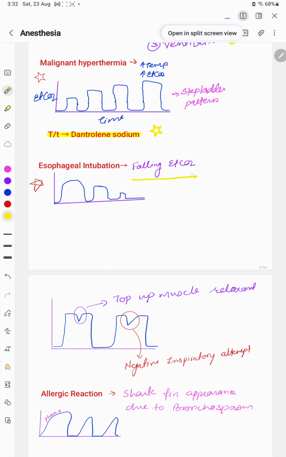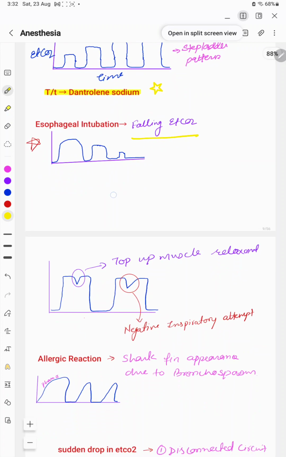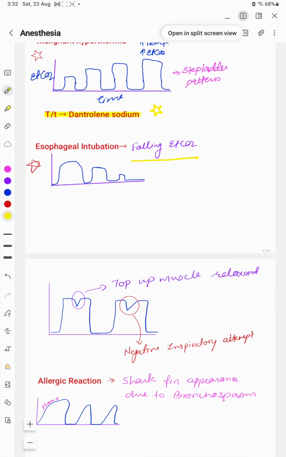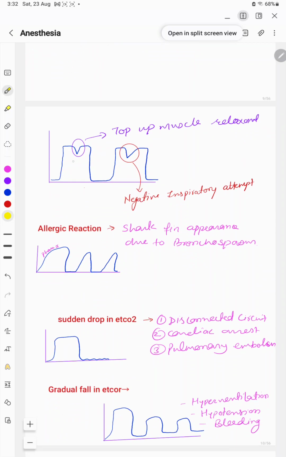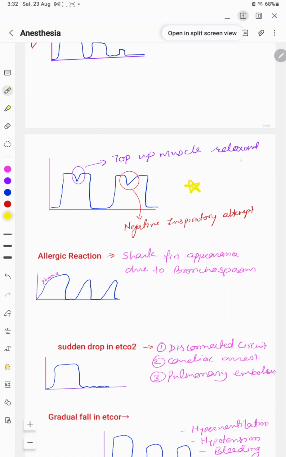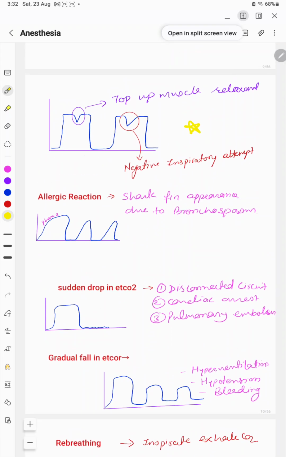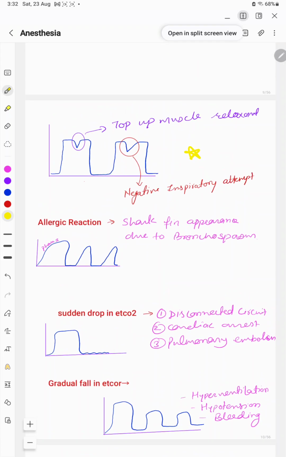Esophageal intubation, falling of EtCO2. You can see when you intubate into the esophagus instead of the trachea, the CO2 will fall like this. This is also an exam question. You see a notch like this, in the muscle direction, negative inspiratory attempt, like you have seen in the movies, they do like this for inspiration.